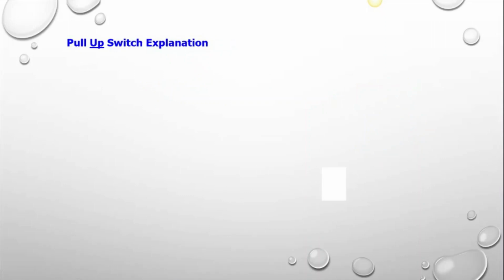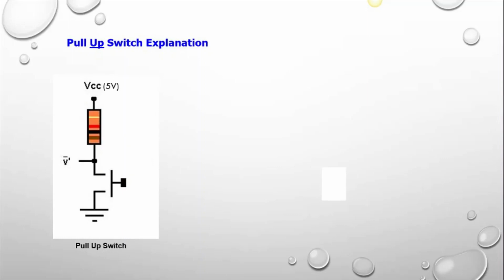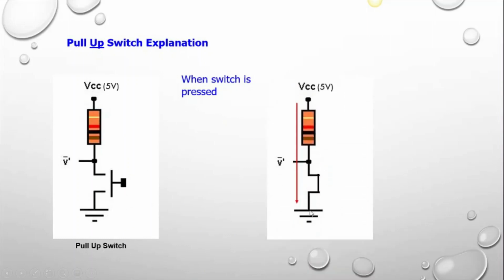But how about the pull up switch? During the pull up switch, when the switch is pressed, the current will flow from your input voltage, or your VCC, towards the ground. Because in the pull up switch, as you can see, the resistor is placed directly with the VCC.